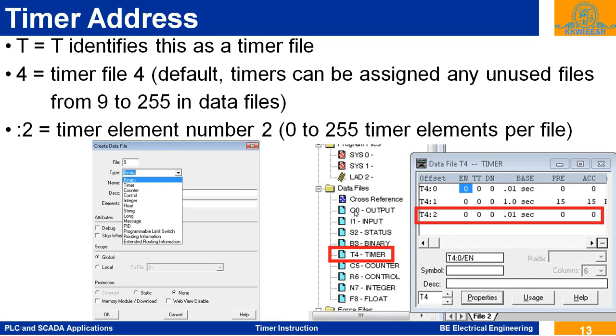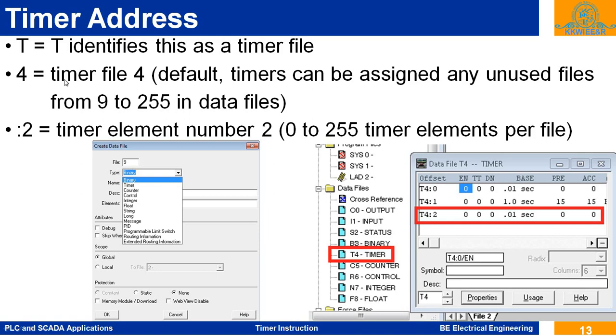From 0 to 8, these are the default data files available in RSLogix 500. If you utilize these 256 timers in the T4 file and need some more timers, then you can create a file from 9 to 255 in the data files. The number will change. Set file number 9 and create the timer file.